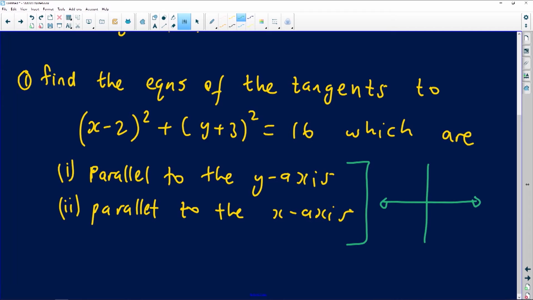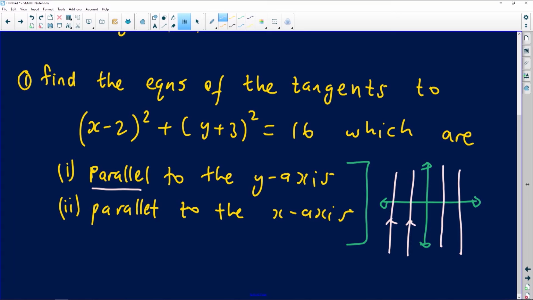If I need to draw, in the context of number one, a line that is parallel, keyword parallel, to the y-axis, what kind of line would that look like? Well, it's going to be either this one, or this one, or this one, or this one. So I can draw any line that is parallel to the y-axis, either on the positive part of the x-axis or on a negative part of the x-axis. All those lines are simply parallel to the y-axis.